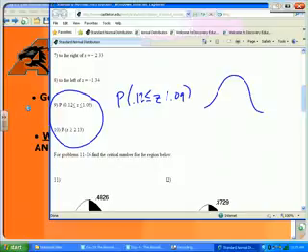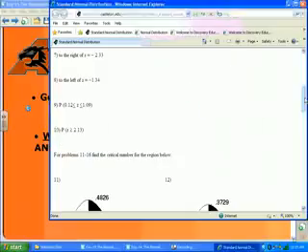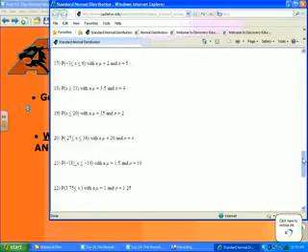So if we were to look at a picture, here's 0.12, and here's 1.09. So I'm looking for the probability that you have that amount of area in between 0.12 and 1.09. Okay, so it's written a little bit different notation-wise, but we know what that means.